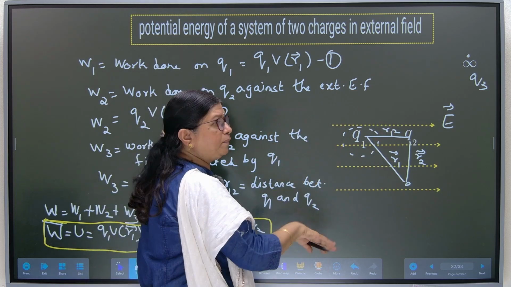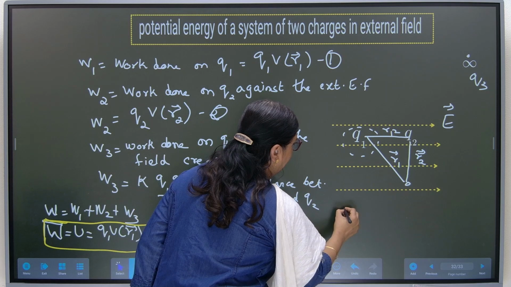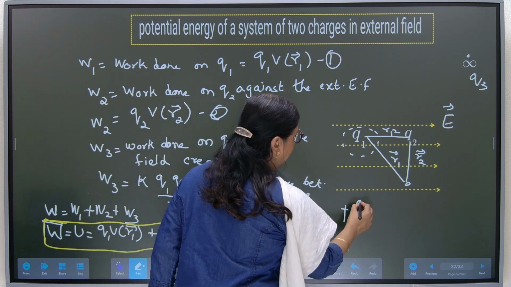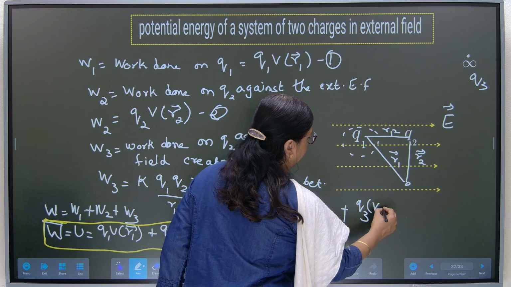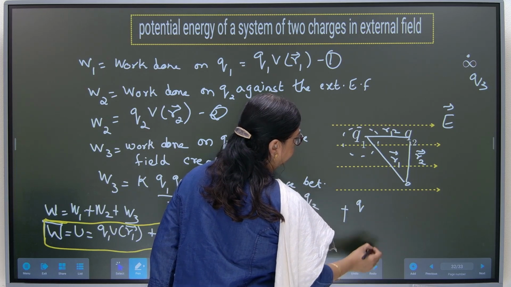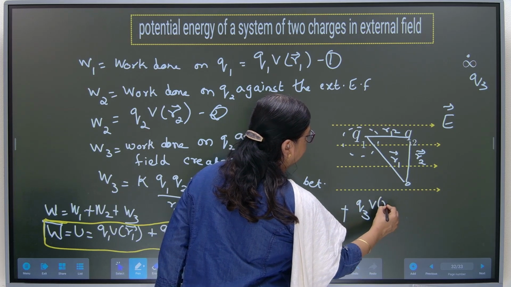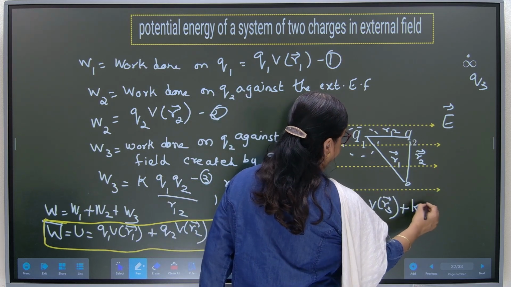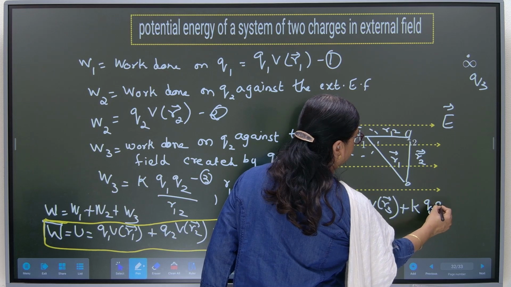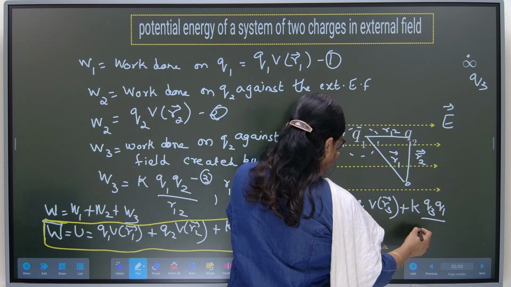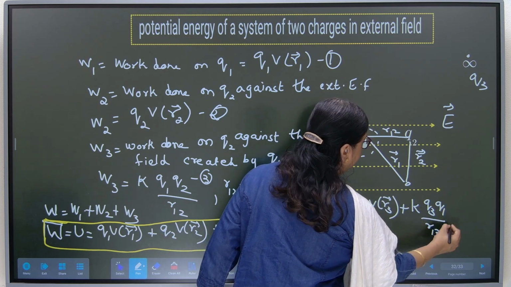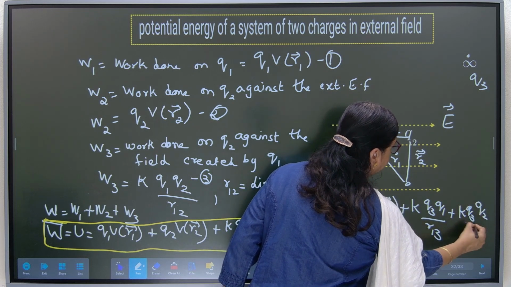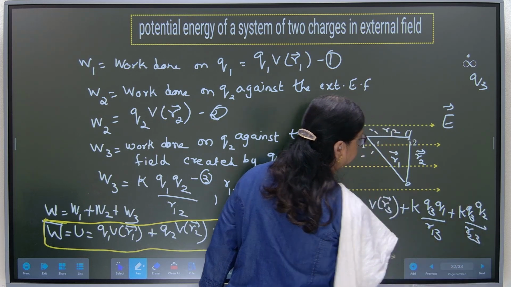If I am bringing one more charge here, then what will I add? 3 more terms. Q3 times V(R3) plus K Q3 Q1 by R13 plus K Q3 Q2 by R23.